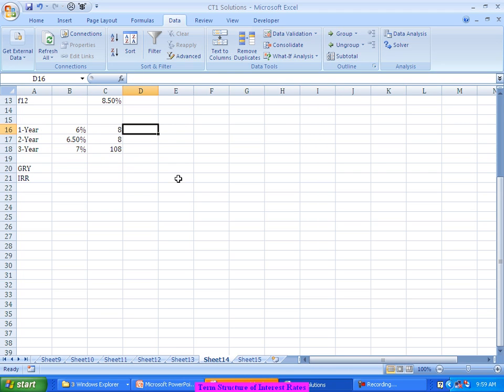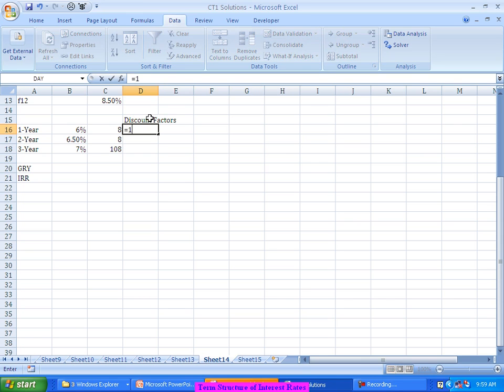So how do I find the price of the bond? Because the spot rates are given, you find the discounting factors from the spot rates. We have talked about the discounting factors, which is nothing but 1 by 1 plus that particular period spot rate to the power of those many years.